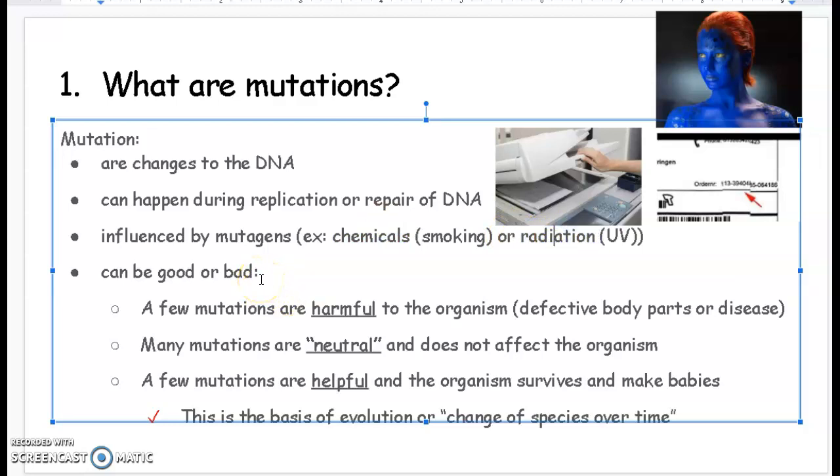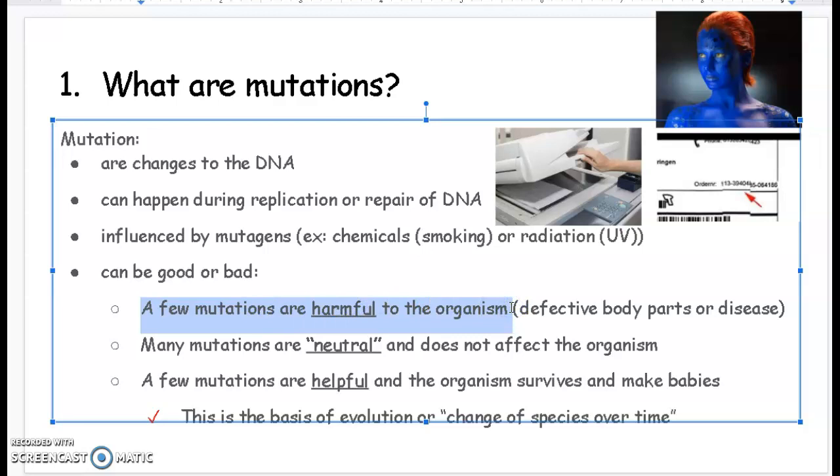Now, mutations are actually a source of diversity in genes. So when these errors happen, it can be good, it can be bad, or it can actually do nothing at all. So a few mutations are harmful to the organism.